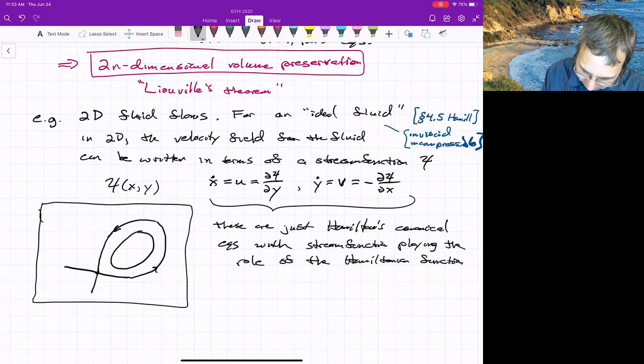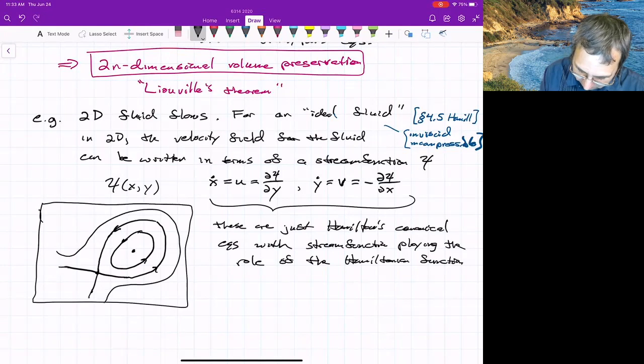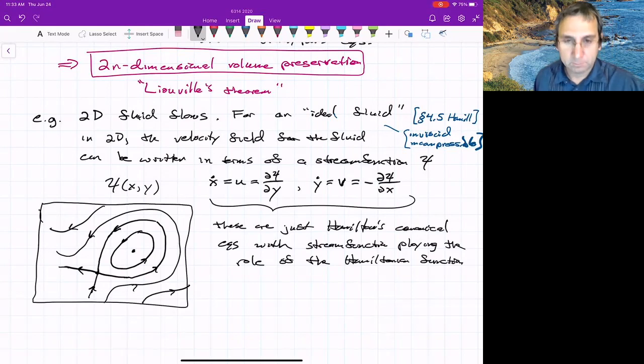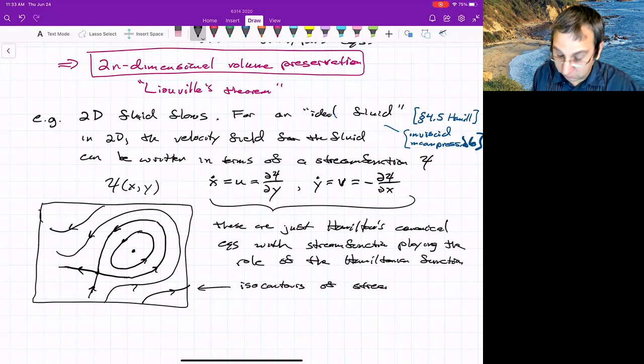You'll have situations like that. Maybe this is a typical picture you might see if you look on a global weather map. Something like that. So this is just showing isocontours of the stream function. And this is really useful in 2D fluid mechanics to just show the stream function.